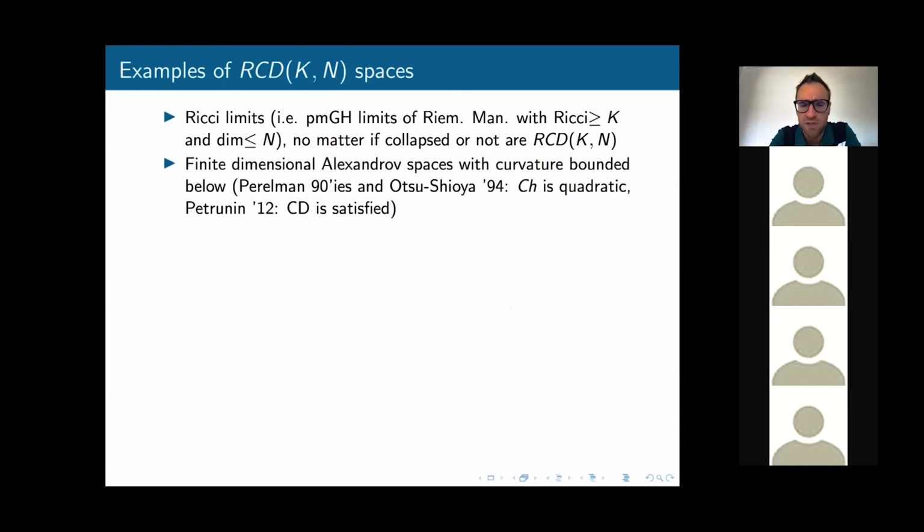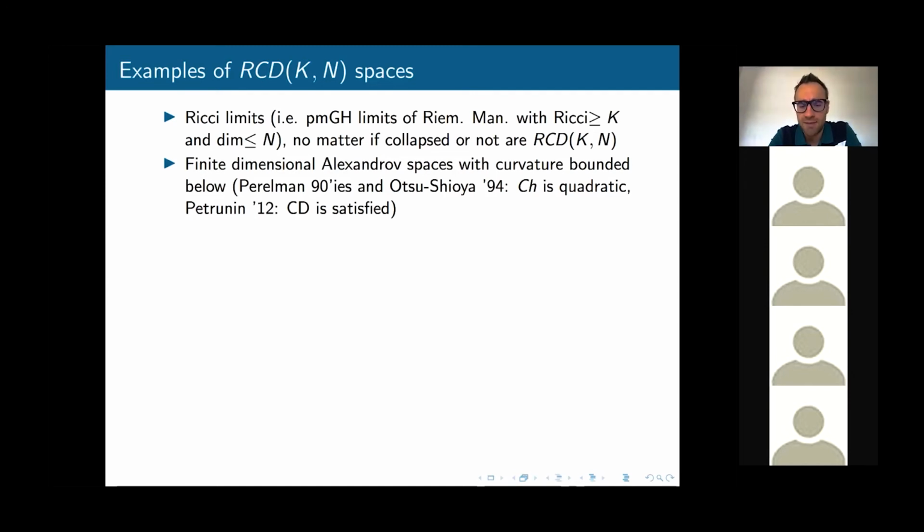Some statements very much rely on non-branching. So the answer is yes, but in some cases you can still work.